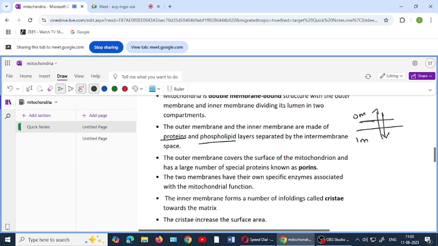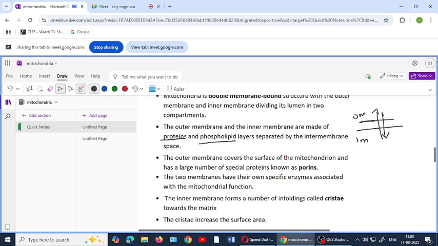The ions go in inward and outward directions, so these membranes need small pores or channels which facilitate the transport of these ions or electrons.